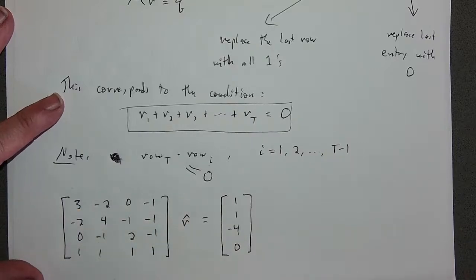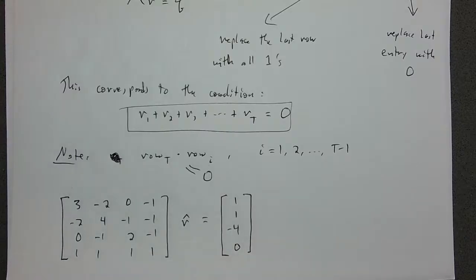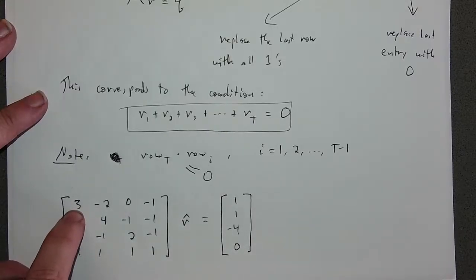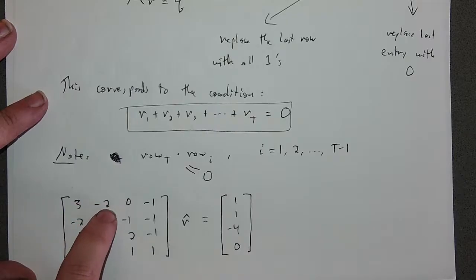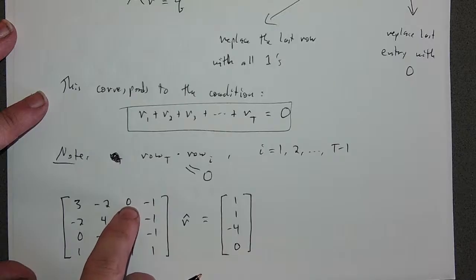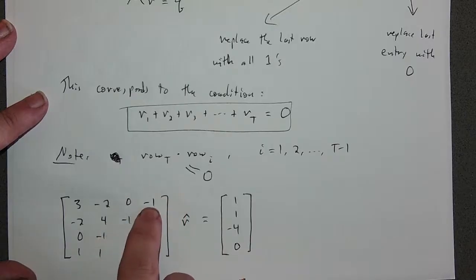And the reason why is those previous facts about M that we mentioned. This is the total number of games that Team 1 played, which is 3. And then this is minus the number of games Team 1 played against Team 2, minus the number of games Team 1 played against Team 3, which is 0 in this case, minus the number of games Team 1 played against Team 4.